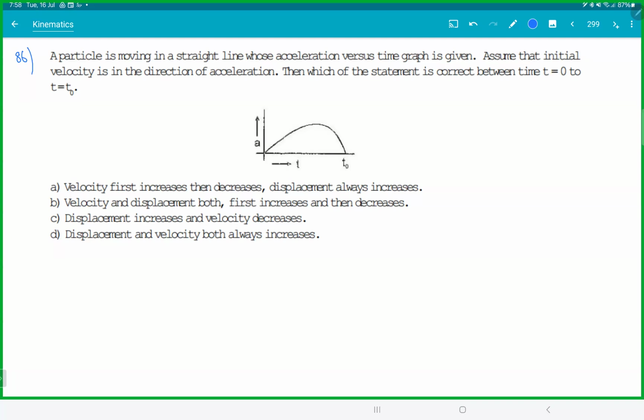What is the answer? We have one option as D. What do others think? Type your answer in the chat box. We have one B and one D. We have one A also. One A, one B, one D. Others?